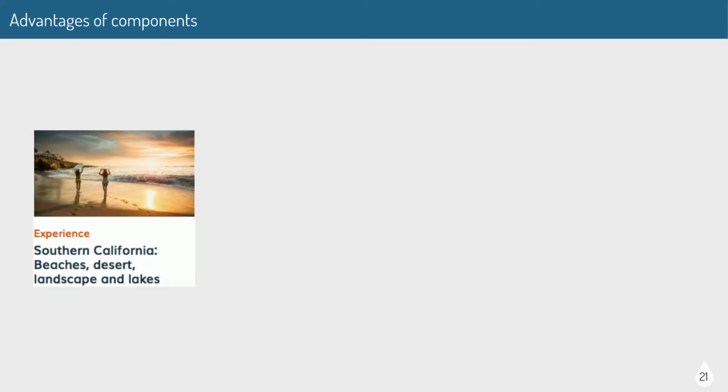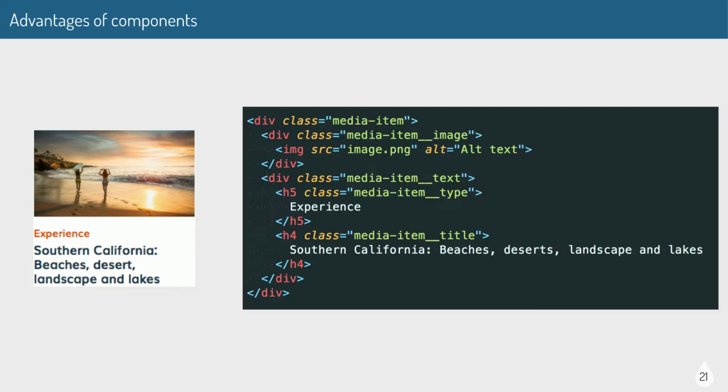Here's an example of that media item that I was just talking about. You can see there are 3 pieces here, and each of those pieces actually is an individual component. We have the image itself, the category, and the title. And when you look at the markup of this, that's what this looks like. So the top level item is media item. Anything within that, using the BEM terminology, is media item image, right?